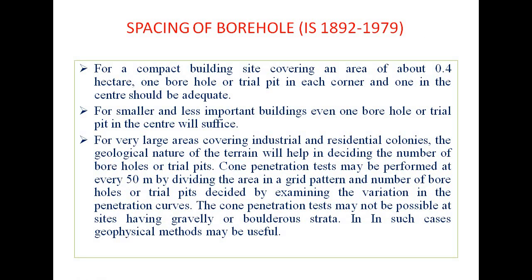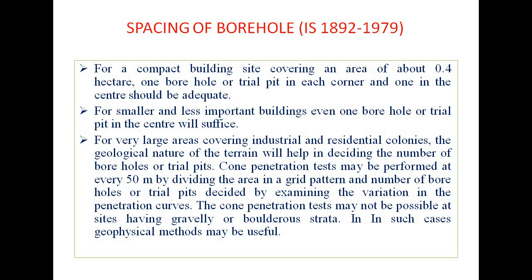The guidelines provided by IS 1892-1979 regarding the spacing or the number of boreholes is as follows. For a compact building site covering an area of 0.4 hectare, approximately 0.99 acre, or let it be 1 acre, one borehole or trial pit at each corner and one at the center, that is 5 boreholes for an area of about 1 acre.